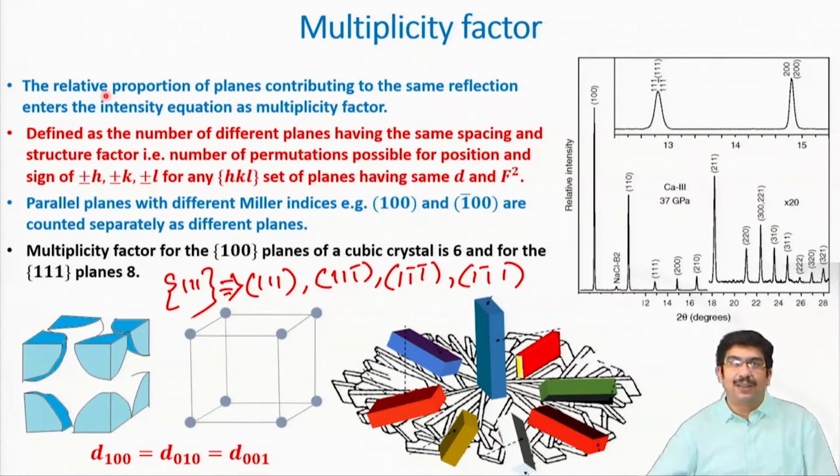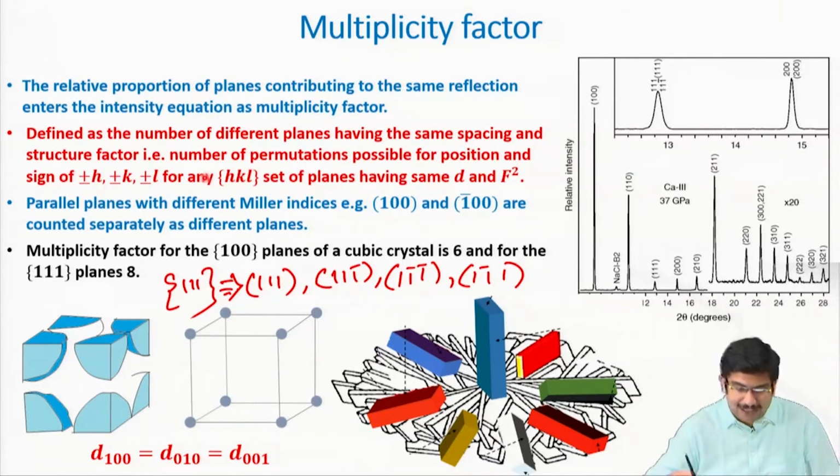The multiplicity factor is defined as the number of different planes possible in that family of planes with the same spacing and structure factor. That means the number of permutations possible for the position and sign of plus minus h, plus minus k, plus minus l in an hkl plane.